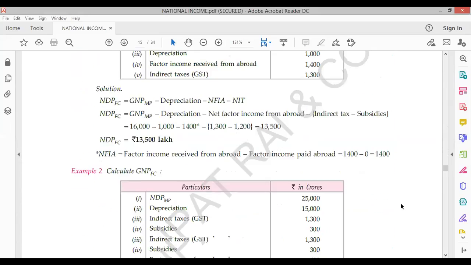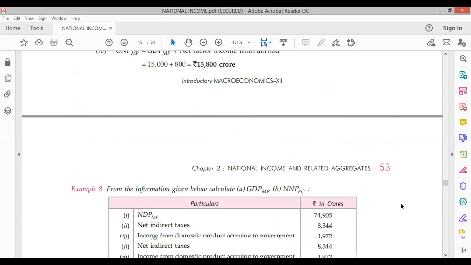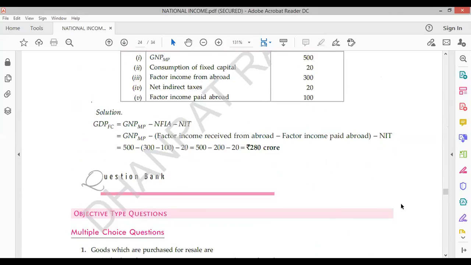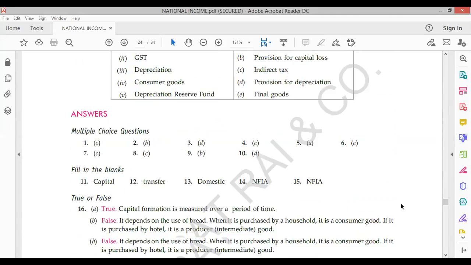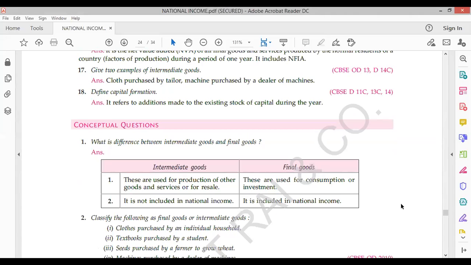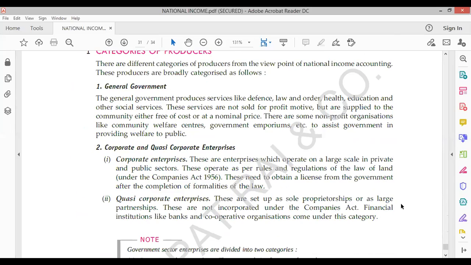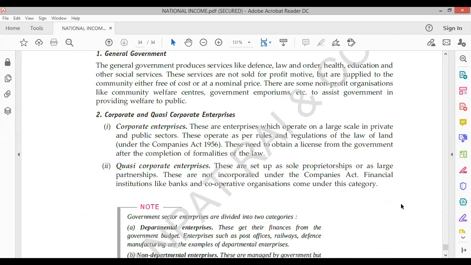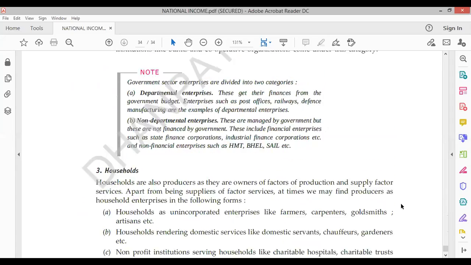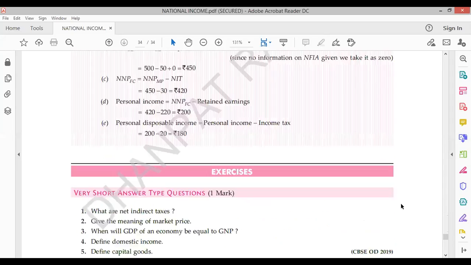You all must already know that GDP is basically the gross domestic product, which is the total money value of all goods and services that are being produced in our economy, right?